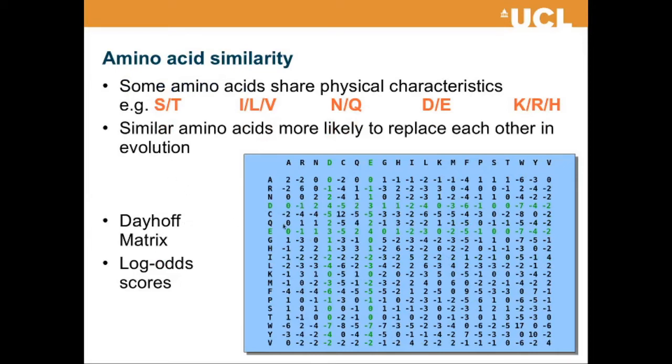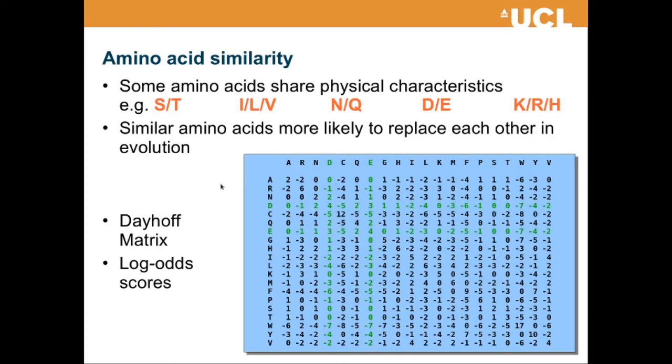Scores of 0 mean that a particular change happens at the same rate that you would expect by chance. Scores less than 0 represent changes that are observed less frequently than you'd expect by chance, and scores above 0 are ones that you observe more frequently than you expect by chance.